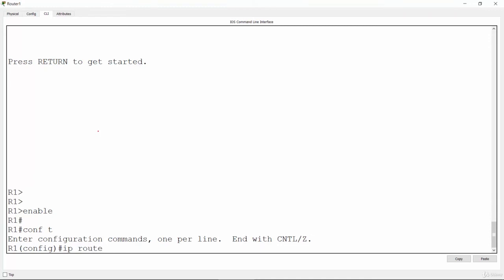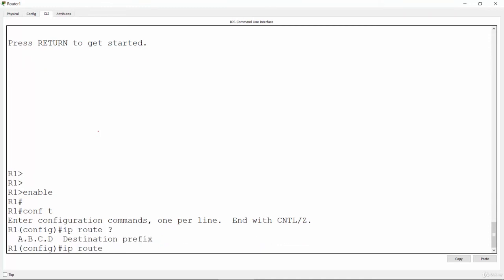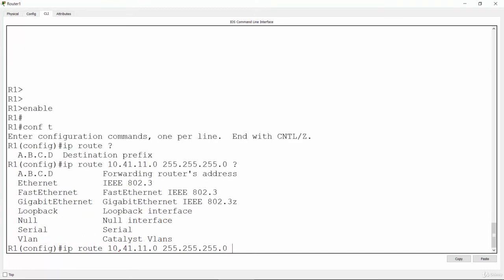IP route, question mark. IOS also tells us to write the destination prefix. Okay, for router 1, my destination prefixes are these. This is the destination network subnet mask, and I'm going to write the forwarding router's address where I'm going to send the packet.